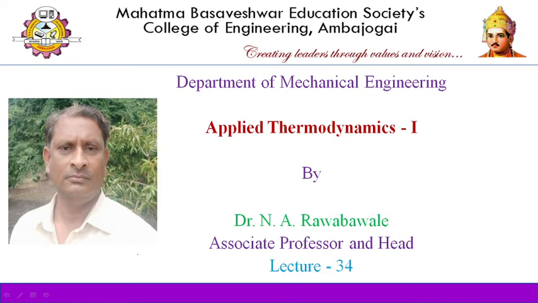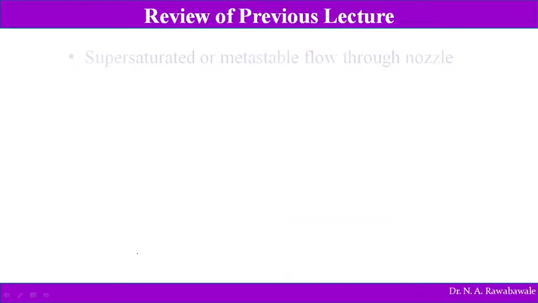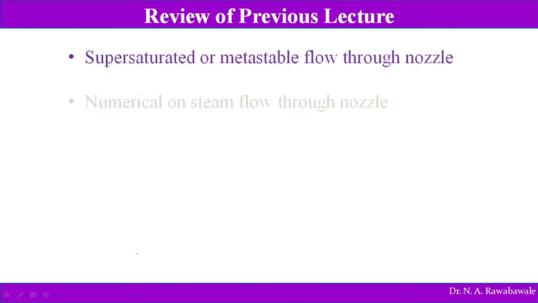This is the 34th lecture. In the previous lecture, we discussed supersaturated or metastable flow and a numerical on steam flow through a nozzle. Yesterday there was difficulty in solving one problem, as the answers were not matching the accurate values.